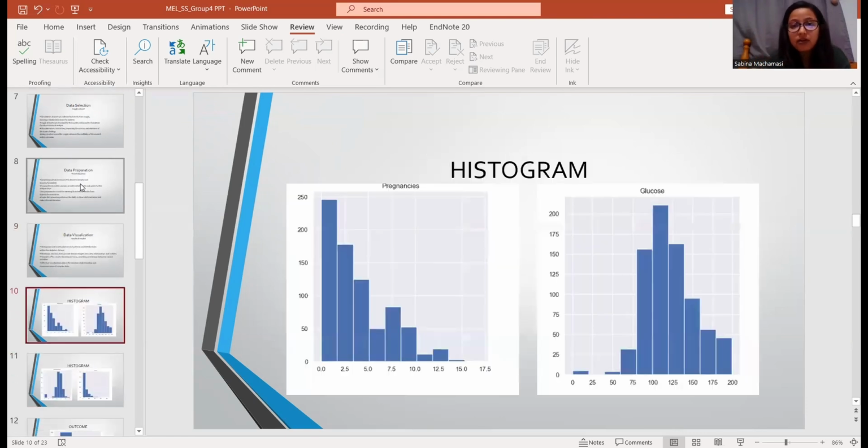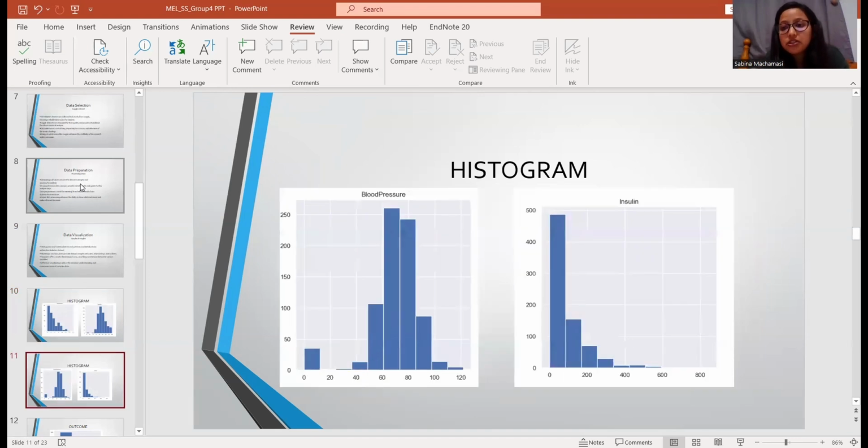For example, we have this histogram where we can see the frequency of pregnancy and glucose. As per the histogram, the frequency of pregnancy is around 250, and similar for glucose. If we see the blood pressure and the insulin, the frequency is about 200 to more than 250. For insulin, it is more than 400, reaching up to 500.